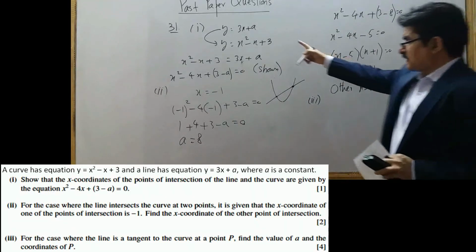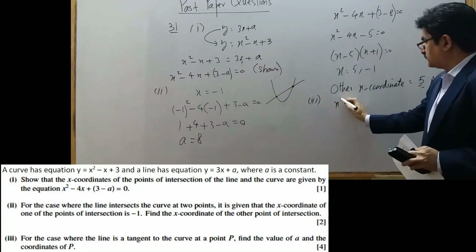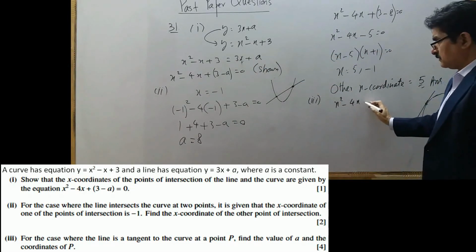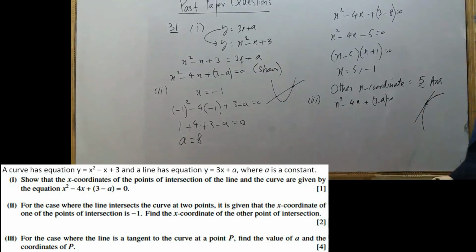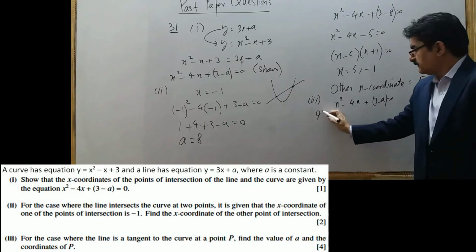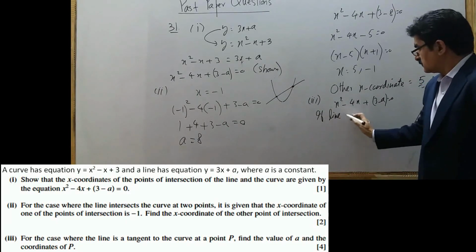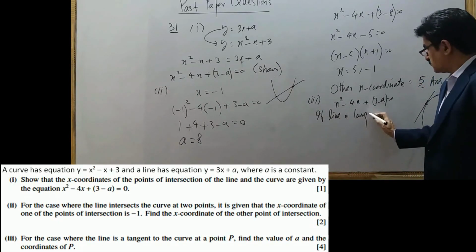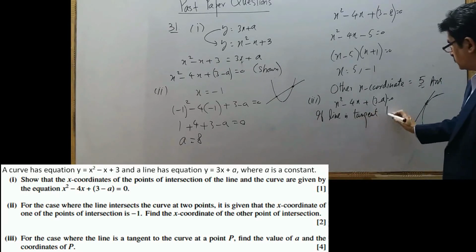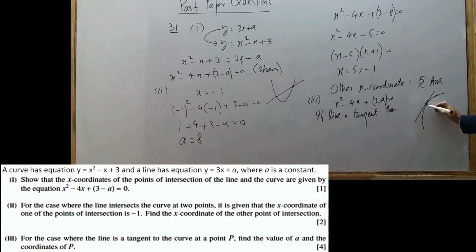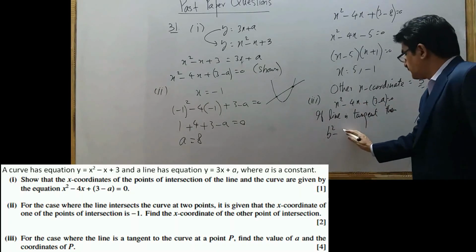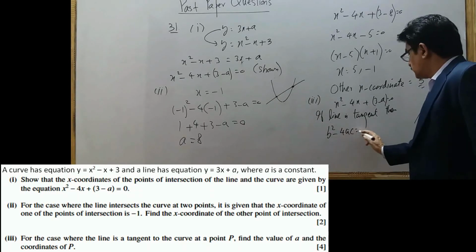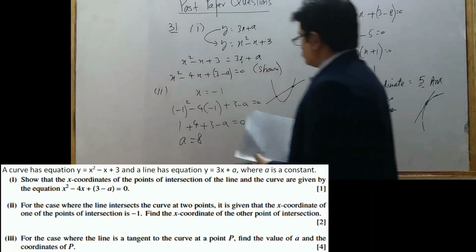But if you solve these equations, of course you will get this equation, x square minus 4x plus 3 minus a equal to 0. Now if the line is tangent, then you know that it will meet the curve at one point, and we will have one x coordinate, one value from a repeated root, equal root case. So we have discriminant equal to 0.